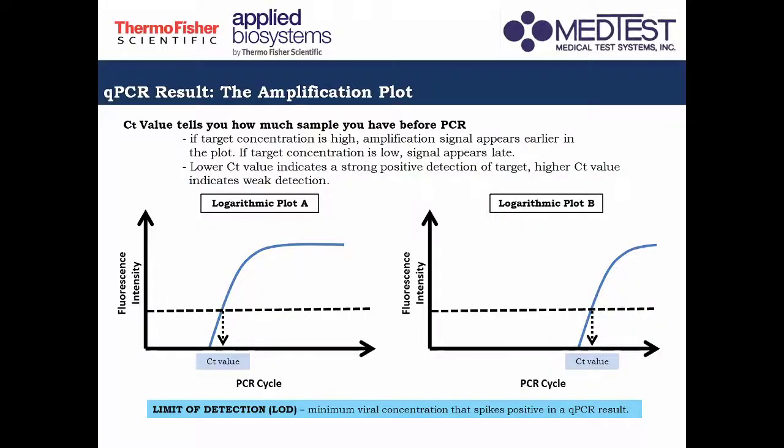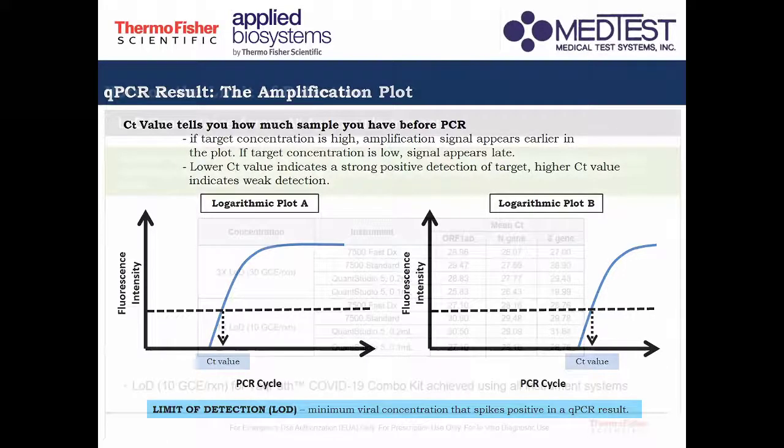So for the limit of detection, this is actually the minimum viral concentration that spikes positive in a qPCR result. So ano ba ibig sabihin nito? Ano yung pinakamaliit na concentration or na amount ng DNA na nade-detect ng instrument nyo. Okay.